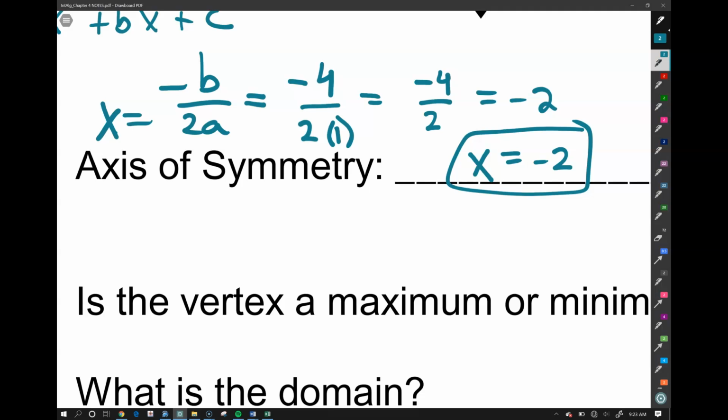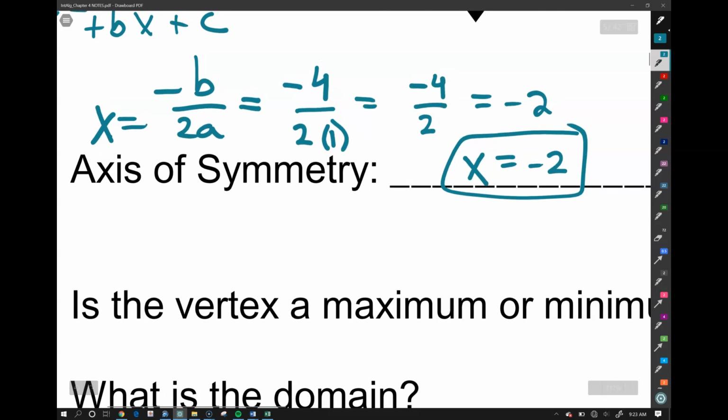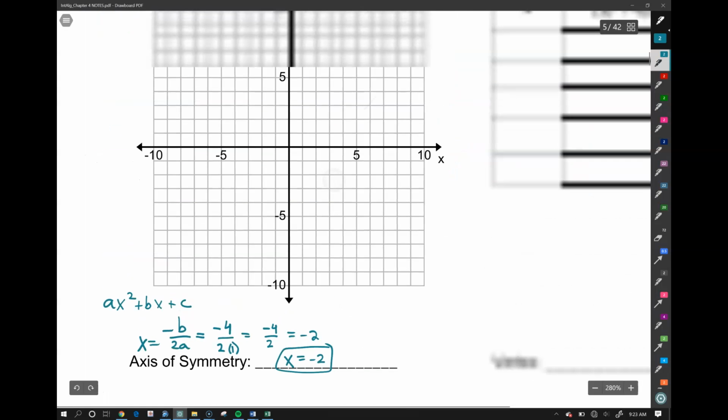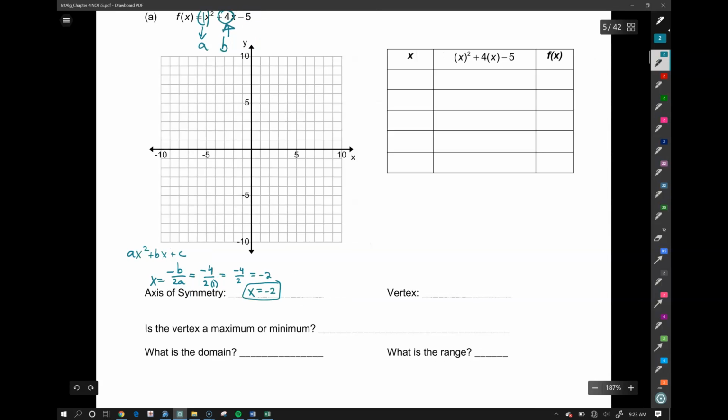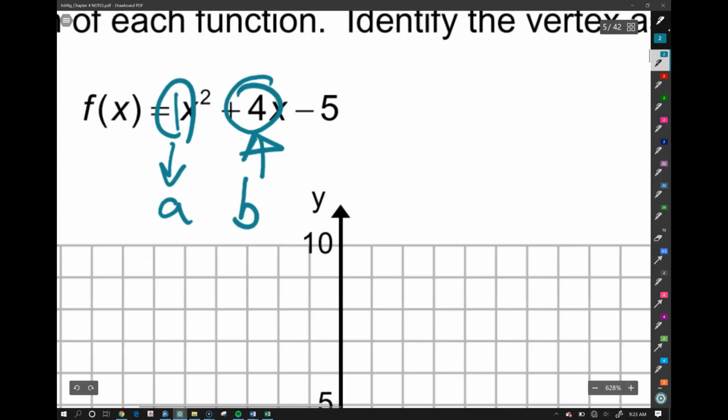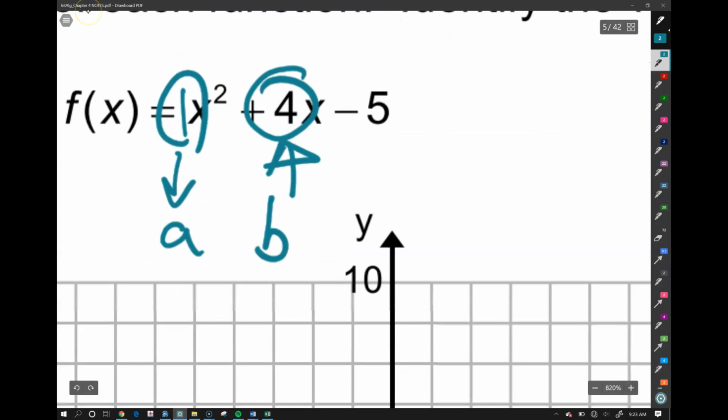How do you get the b and a? All right, so we looked at the equation for the quadratic. The coefficient in front of x squared is a. The coefficient in front of just the plain x is b. So you have x squared and you have x, the x without the square.